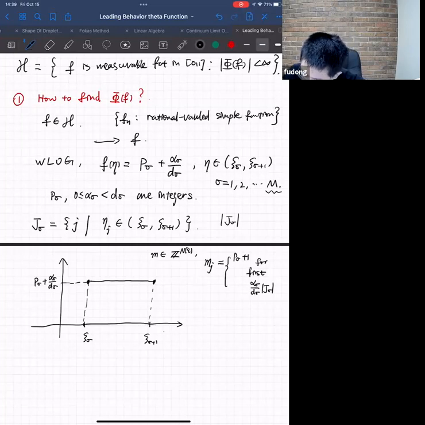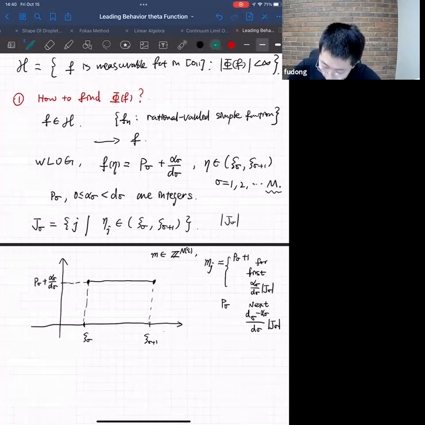So the first, this number of indices is defined by this, and the next, d sigma minus alpha sigma, this number of indices is defined by the integer below that.